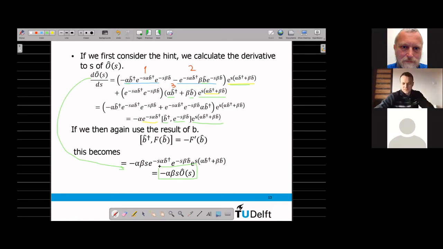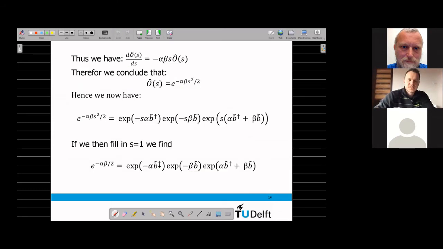So that's the strategy. And then we have derived the differential equation. What we need to do next is to find this function O of s. To do so, we just integrate both sides. And what we find is that this operator O of s, by integrating, has the following form.